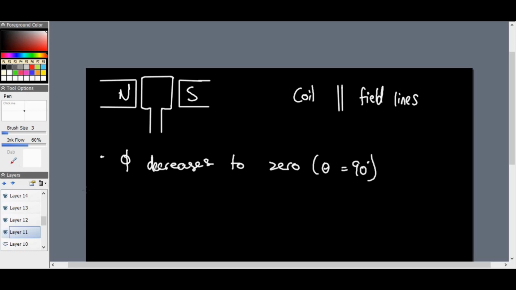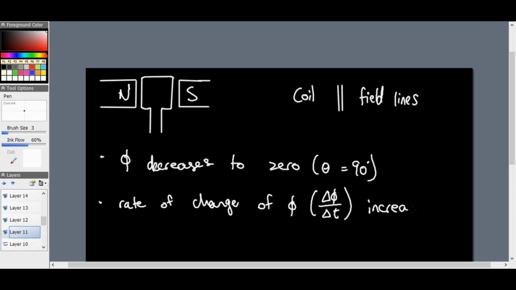Simultaneously, the rate of change of the magnetic flux, in other words with regards to Faraday's law, increases when it is parallel to the field lines. The reason is because it reaches a maximum.